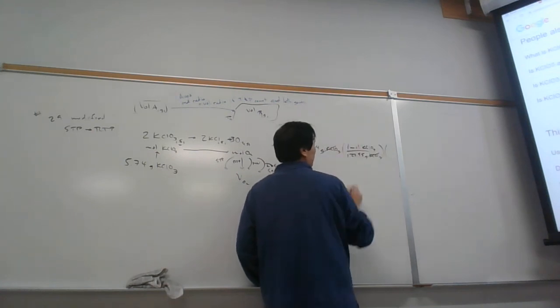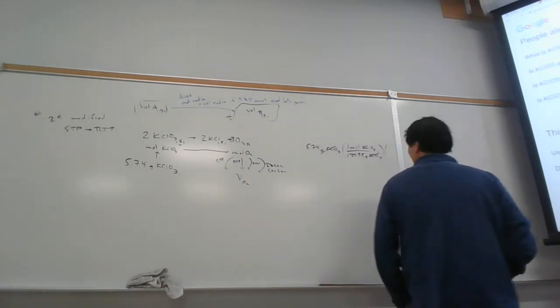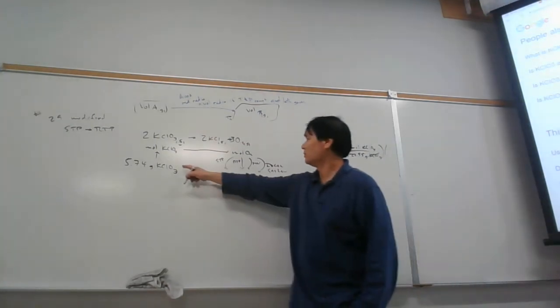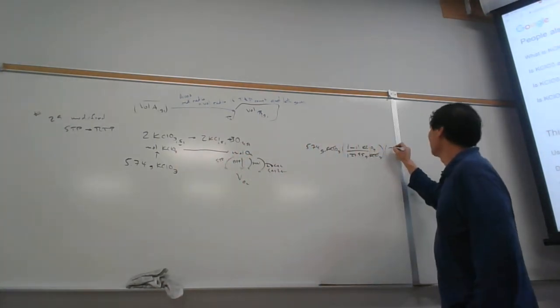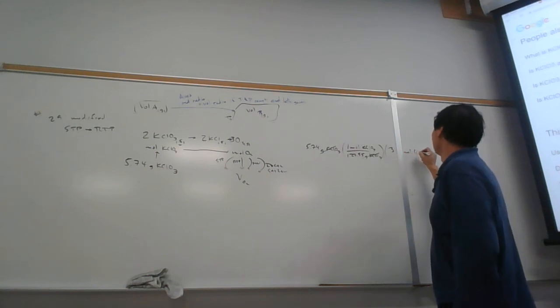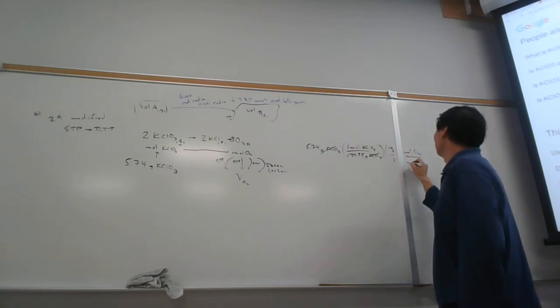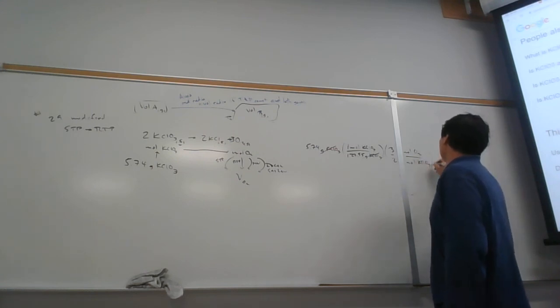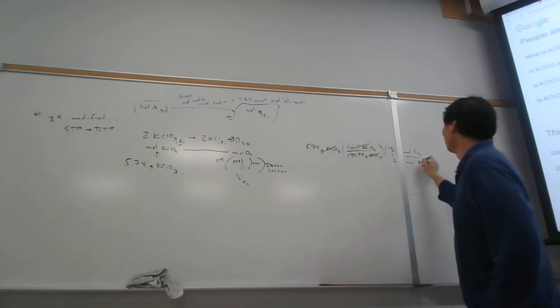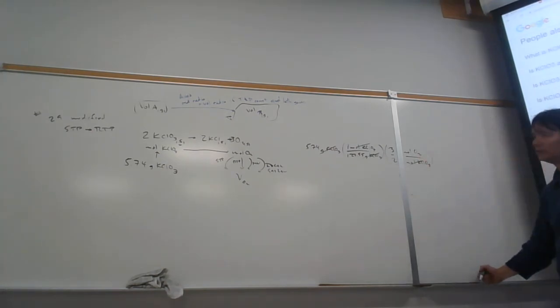Grams of KClO3 cancel, and that leaves us with moles of KClO3. So I go from grams to moles of KClO3, then moles of KClO3 to moles of O2. And so we have 3 moles of O2 for every 2 moles of KClO3. So moles of KClO3 cancel, and that leaves us with moles of O2.